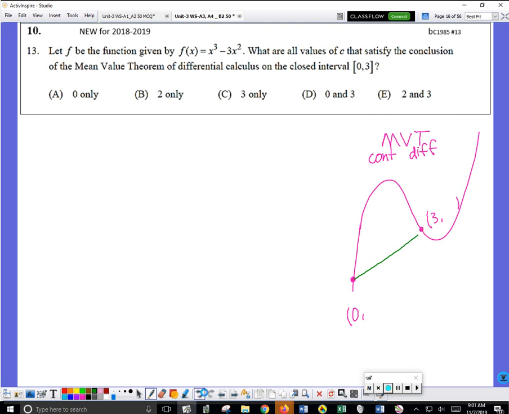The mean value theorem guarantees that one of these tangent slopes will be the same. At least one of them. You could have more than one. So if you find this secant slope, you're guaranteed that one of these tangent slopes will match.